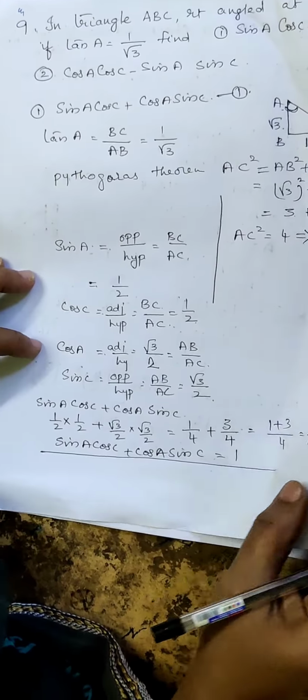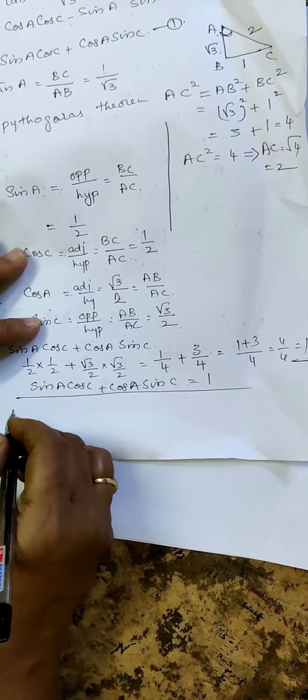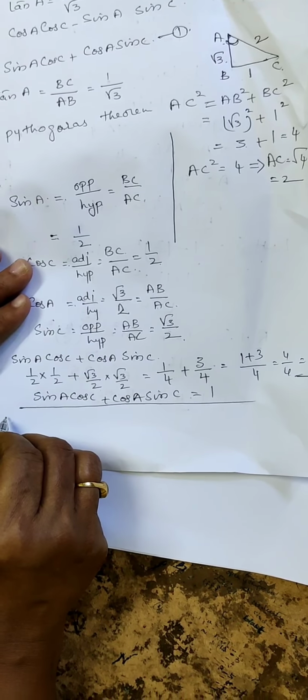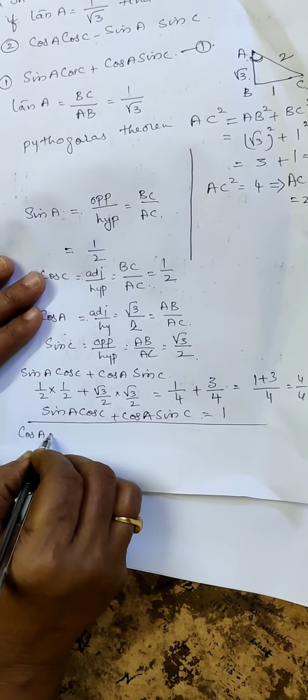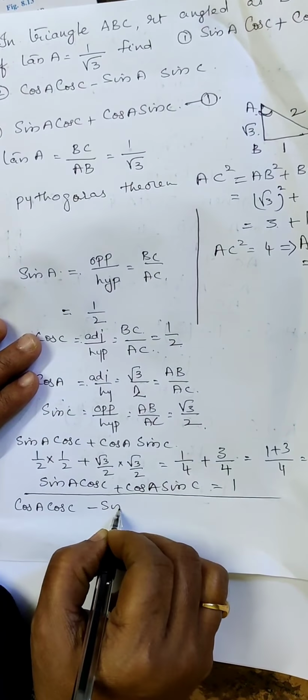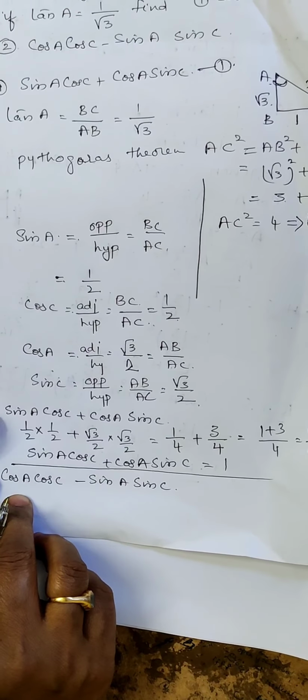That is the first equation. Second, similarly, let us write the second equation. What is the second equation? Cos A cos C minus sin A sin C. What is cos A?